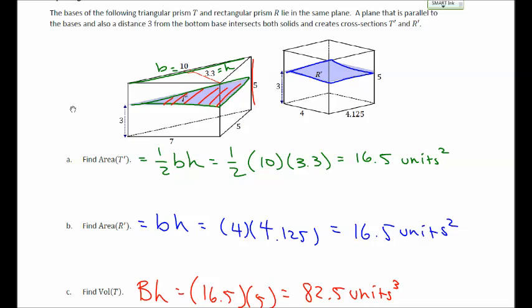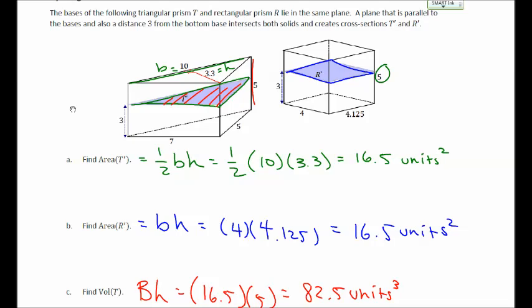The base is again 16.5, the height is again 5, and so the volume of R will also be 82.5 cubic units.